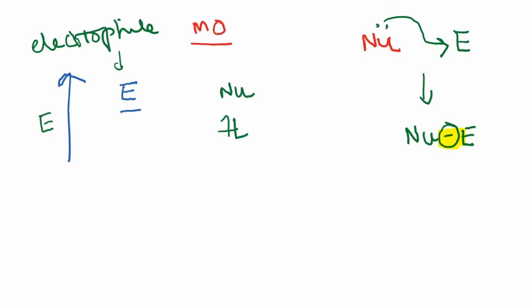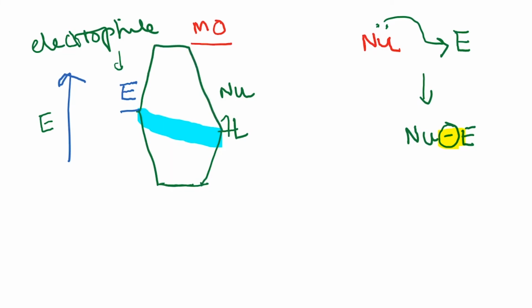If we construct an MO diagram, when the electrophile and nucleophile interact, you're going to have two new sets of orbitals being formed. One is this and the other one is this. This kind of interaction actually happens during a bond formation.